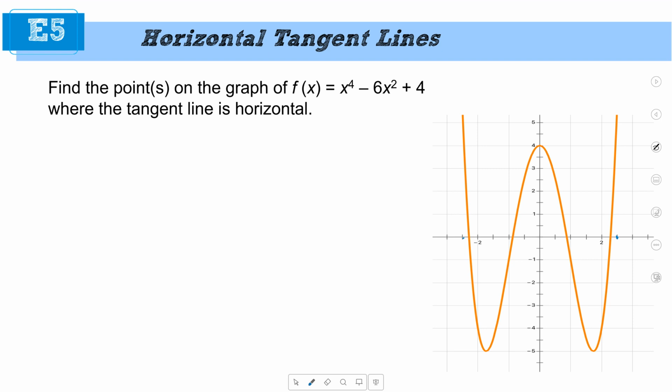Where are the tangent lines horizontal on that picture? Just there?